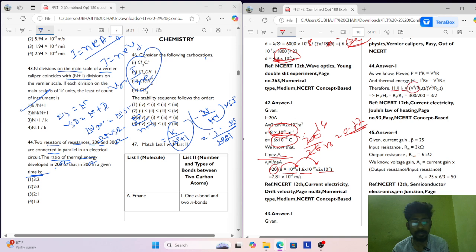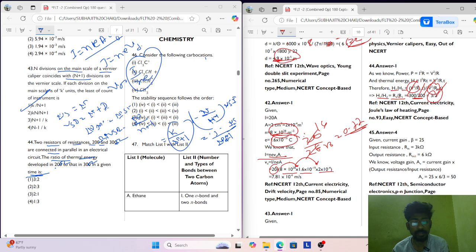H1 equals V1 square by R1 into T, and H2 equals V2 square by R2 into T. H1 by H2, V is equal in both cases, T will be equal, that means R2 by R1. R2 is 300 by 200 means 3 by 2 will be our answer.